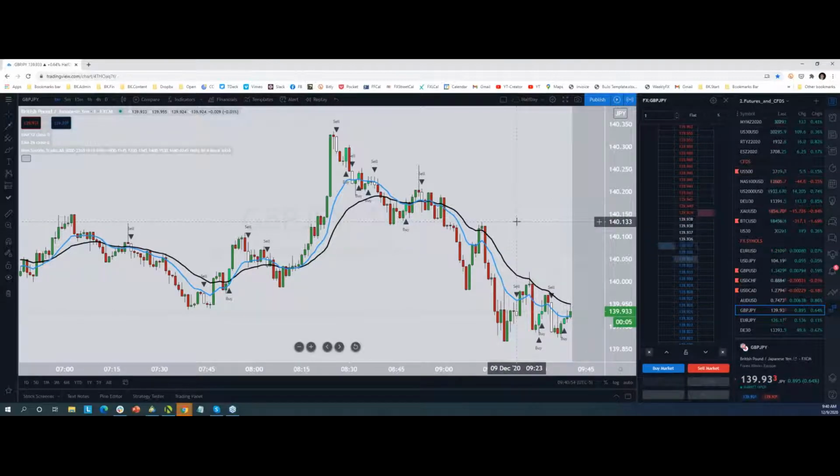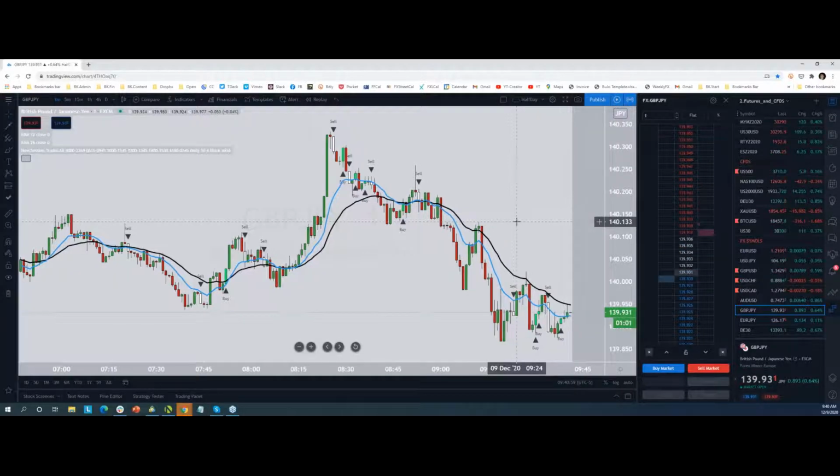So let's make it a 30-point stop with a 20-point target. Effectively, I'm looking at a 69 target against the 140.15 stop. That would be my trade here, but it's a problematic trade.